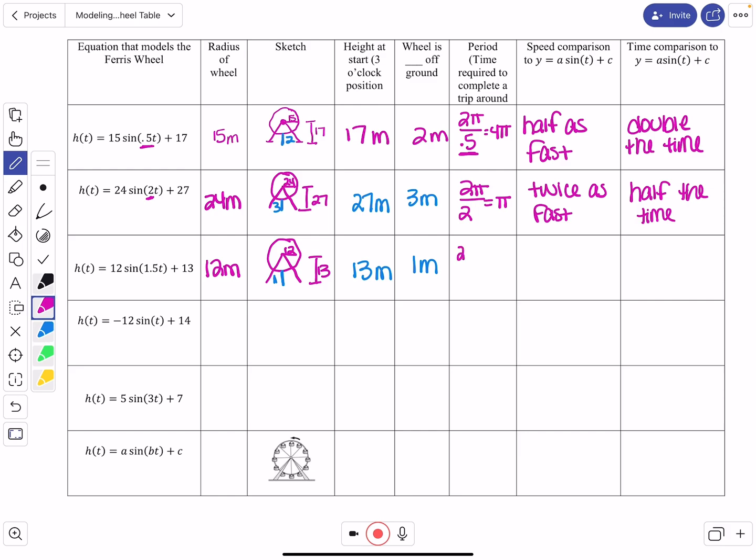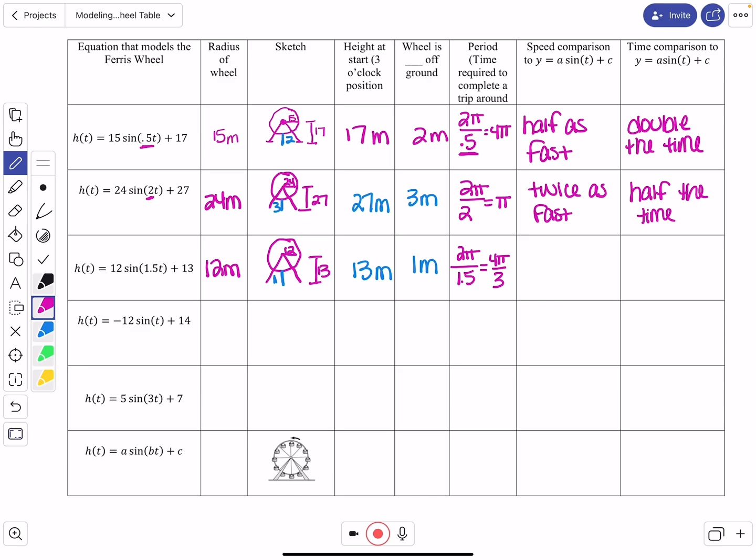So we're going to do 2 pi divided by 1.5. And we want that in a fraction, so we would just do 2 divided by 1.5. We're going to leave our answer in terms of pi. So that is going to be 4 pi over 3.